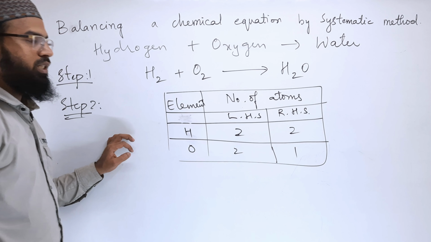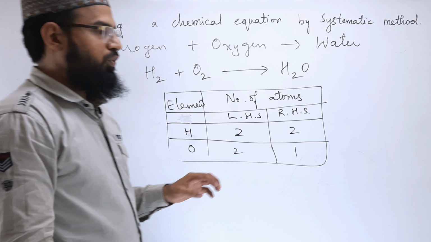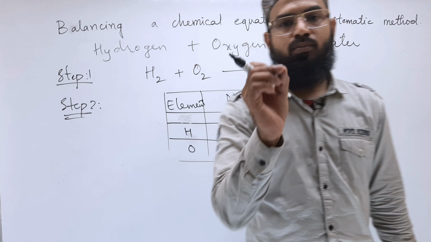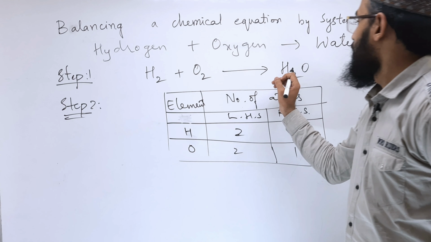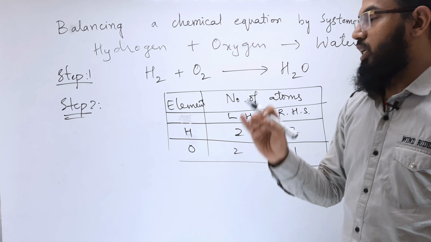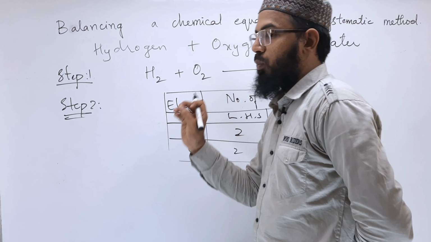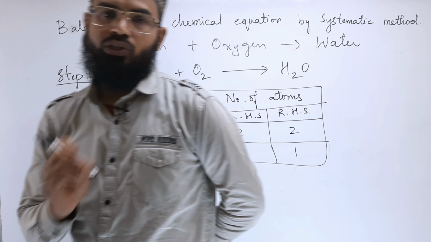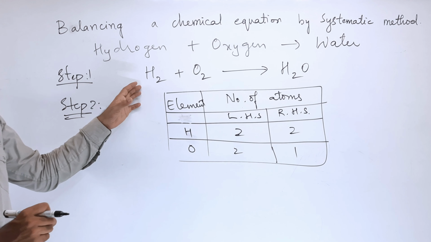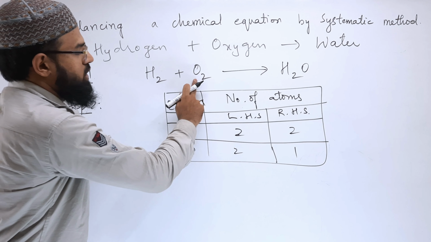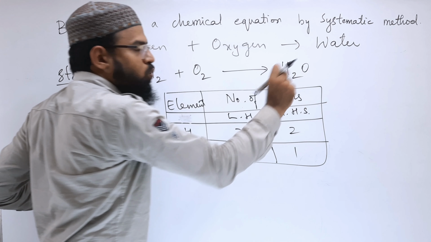We need to balance this. To balance this, we have to add a coefficient to the chemical formula of each of these. Wherever necessary, we need to put a coefficient. Suppose I want to balance here: how many oxygens are here? 2, and here it is 1.